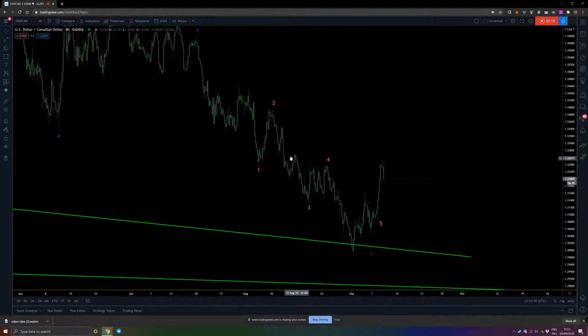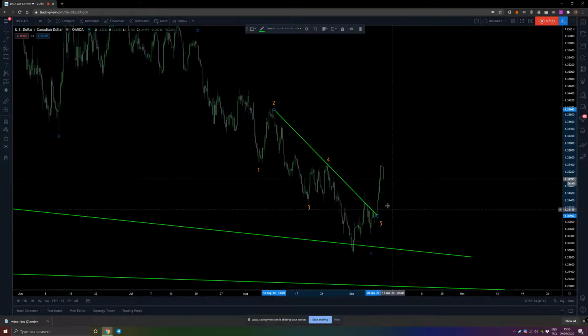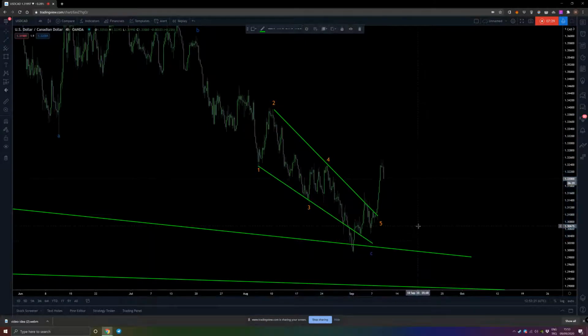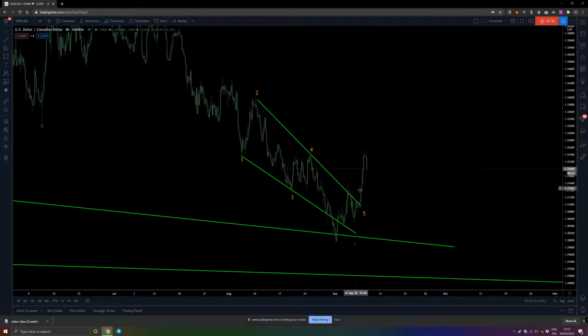Now, 2 to 4 trend line, clean. Part of the fifth wave can actually do it, and 1 to 3 trend line. Now, this is all fine, okay? But if this is the case, then there are some stuff that we have to consider. This would be the end of the C wave.